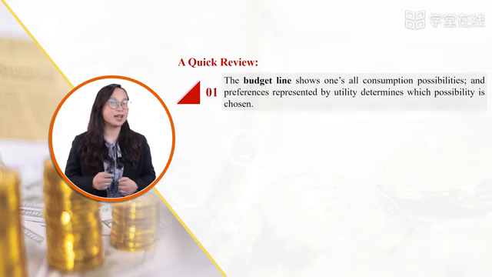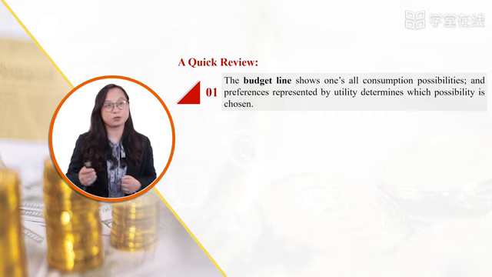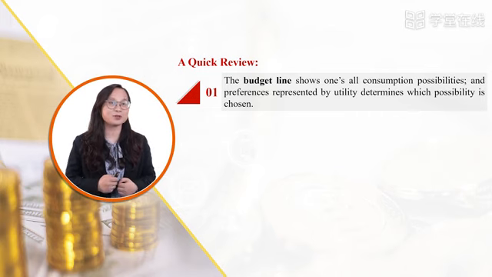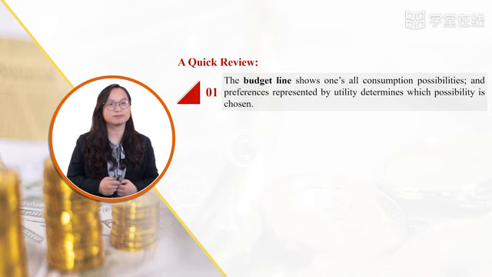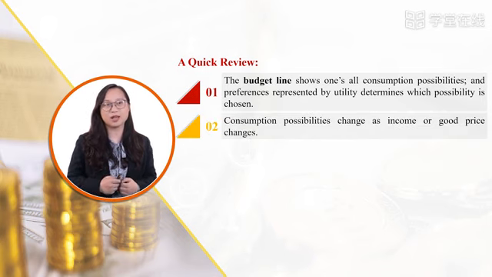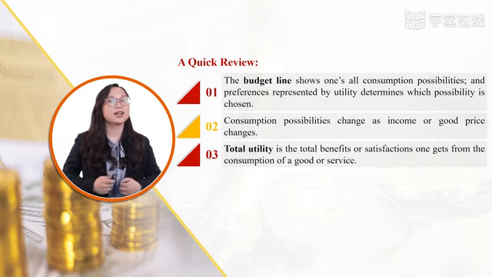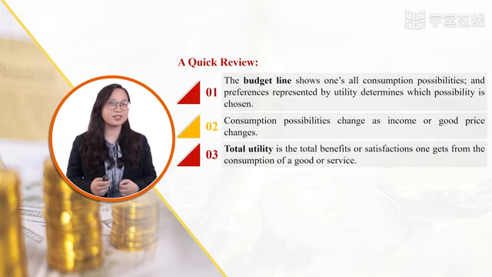First, the budget line shows all of one's consumption possibilities, and the consumer's preference, represented by utility, determines which possibility is chosen. But it also changes as income or good price changes. Second, total utility is the total benefits or satisfaction one gets from the consumption of a good or service.